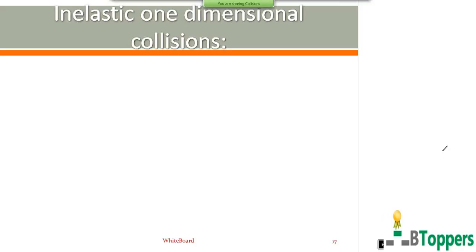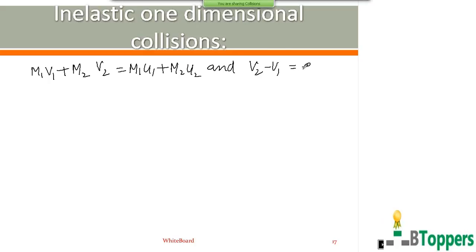So any problem in one-dimensional collision can be solved basically by using these two equations: m1 v1 plus m2 v2 equal to m1 u1 plus m2 u2, and v2 minus v1 equal to e times u1 minus u2.